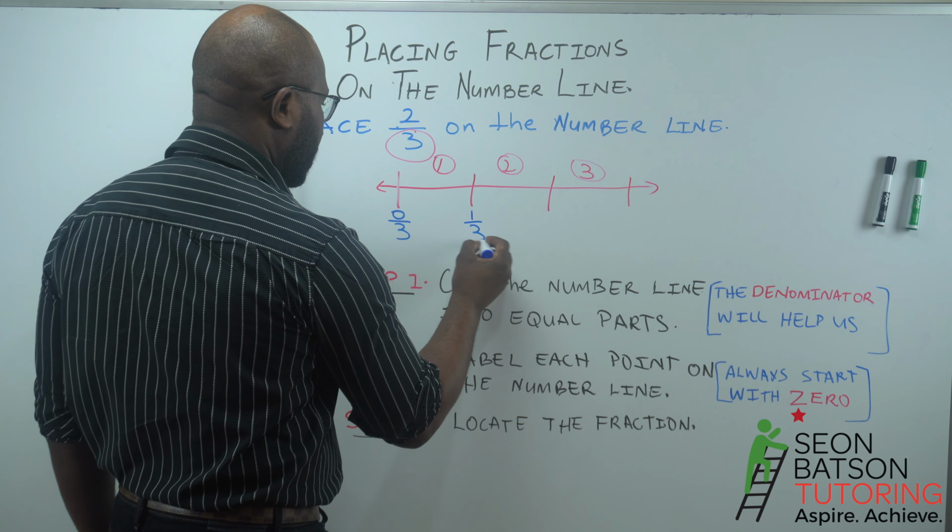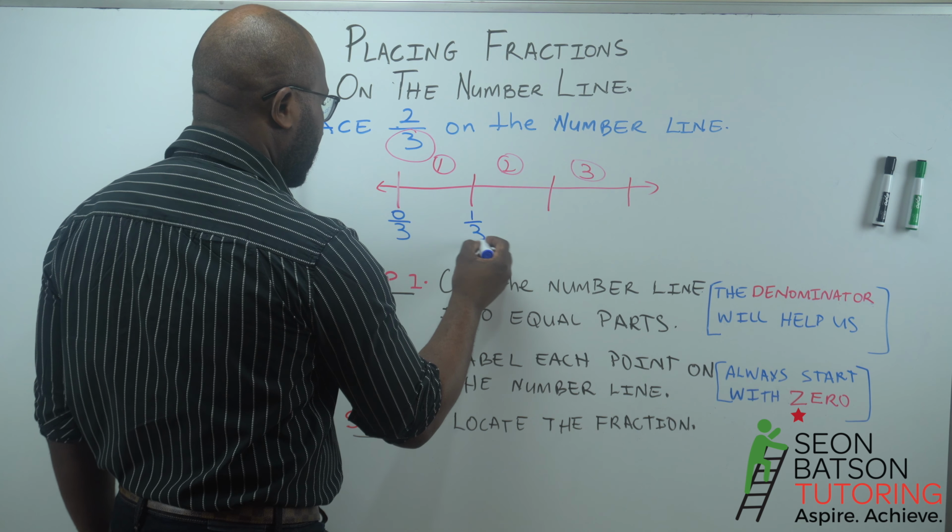The next step will be to label each point. We have to label all the points. We cannot skip any of the points on the number line. Remember, we always start with 0. So it'll be 0 over 7, because the denominator in the fraction is 7.